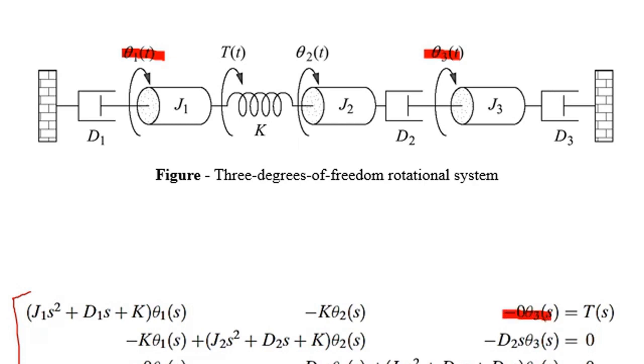So you will see a coefficient of 0 in first equation and third equation. The externally applied torque occurs at test point theta 1, so it will appear in first equation. For rest of the equations, rules are same.